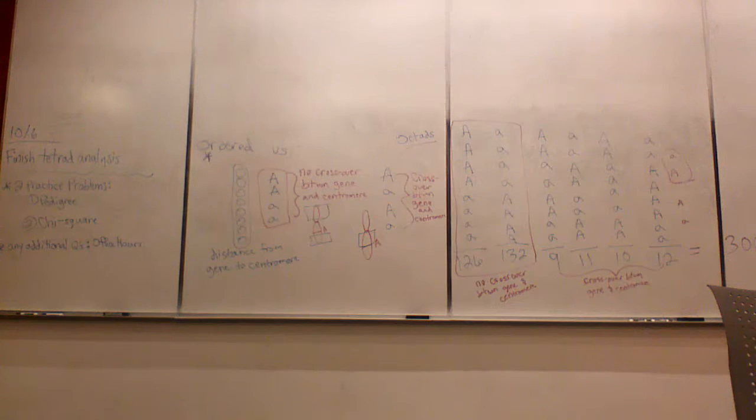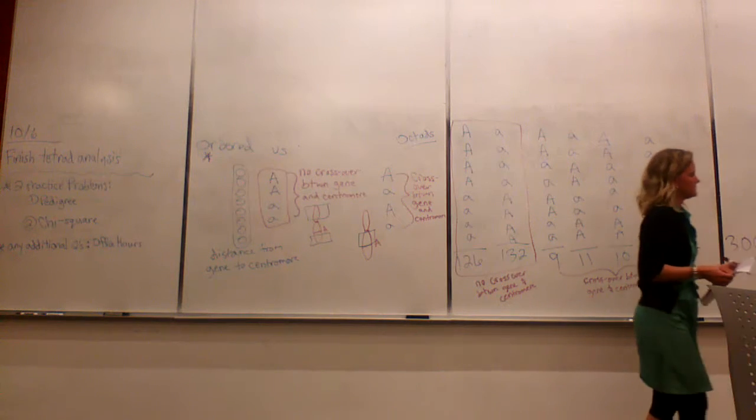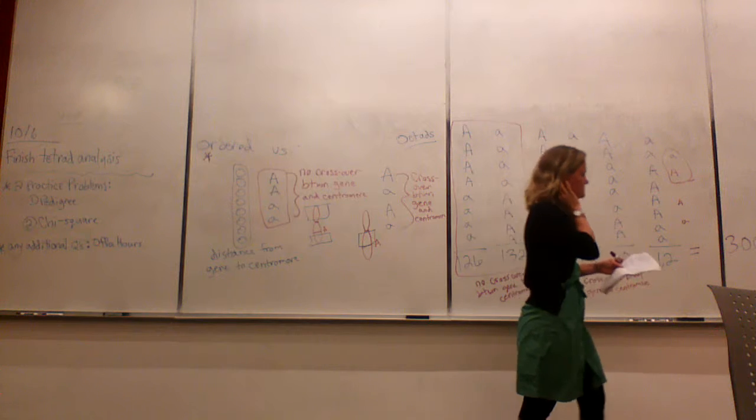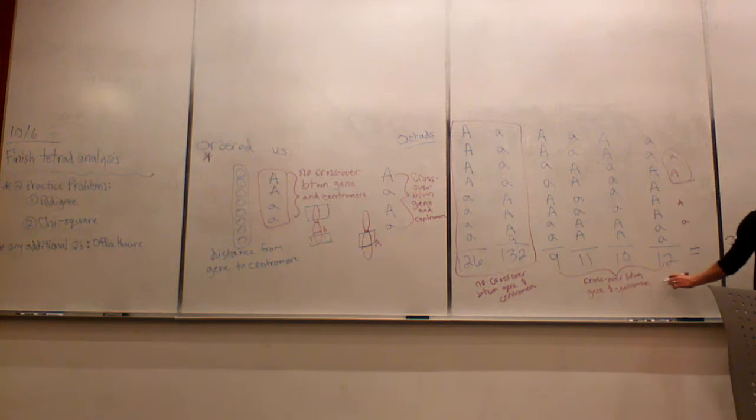We want to know what this distance is. That's what we're asking. So you're still using that concept of frequency of recombinations being equal to map units. We're converting a frequency to a map unit. That's essentially still in that 1-to-1 ratio. Okay? So all of those that have had a crossover, you add those up.